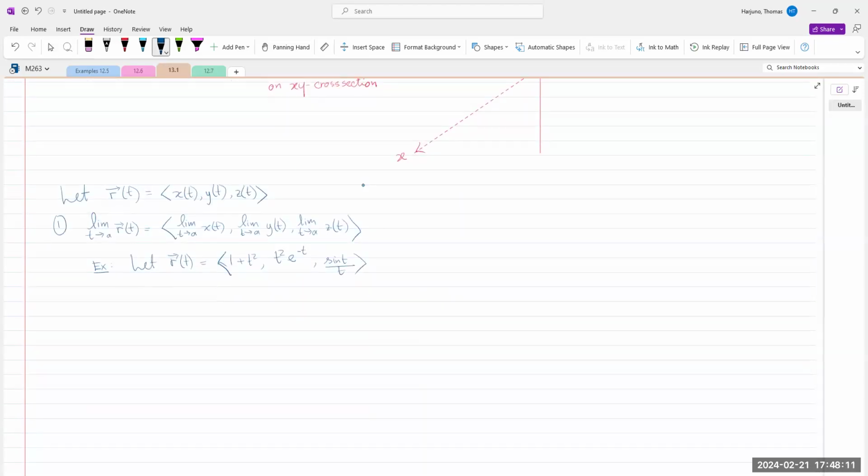Then what about the limit as t approaches 0 of r(t)? That is the limit as t approaches 0 of 1 plus t squared, the limit as t goes to 0 of t squared e to the negative t, and the limit as t approaches 0 of sine t over t.